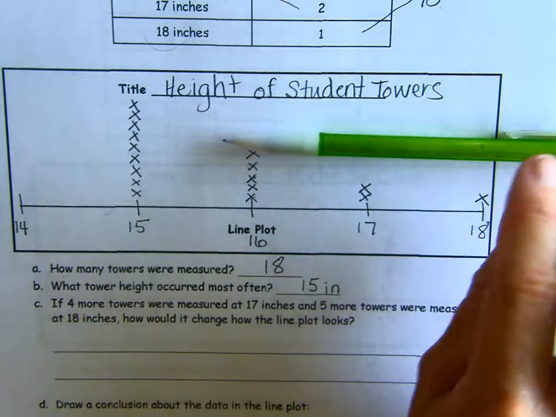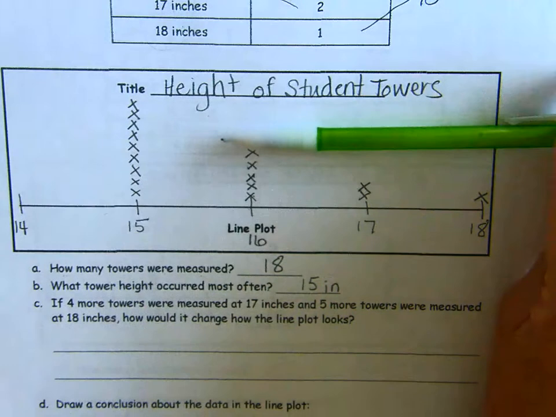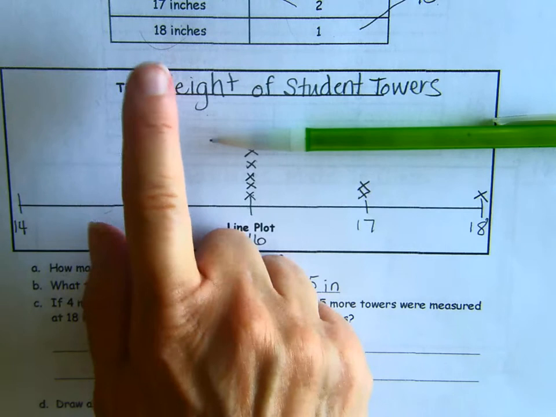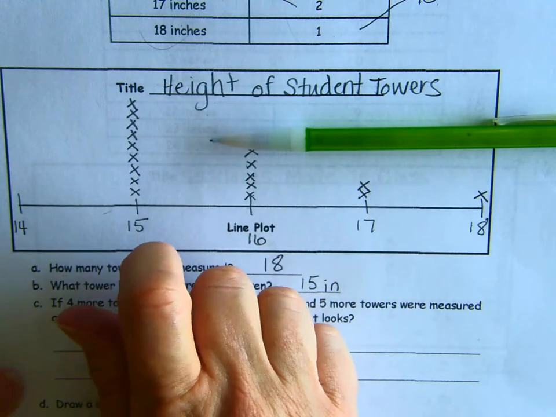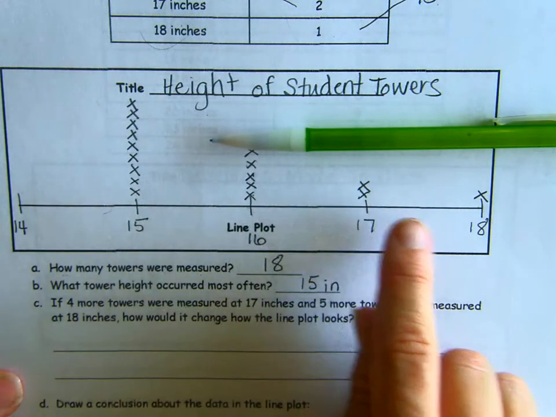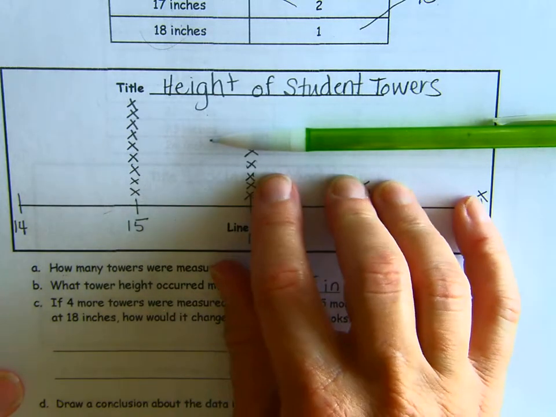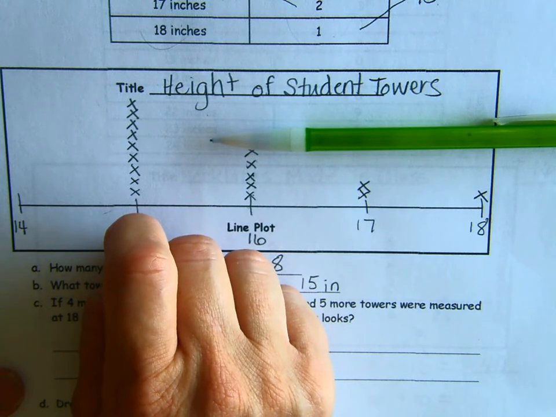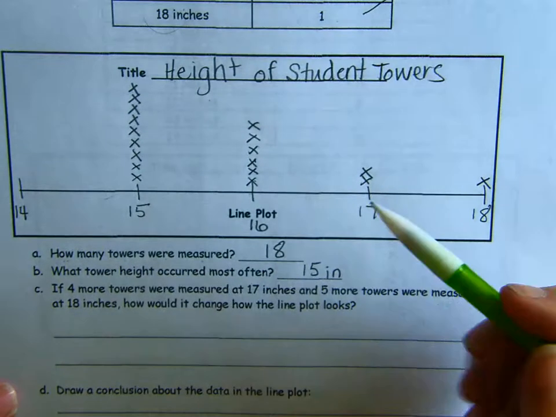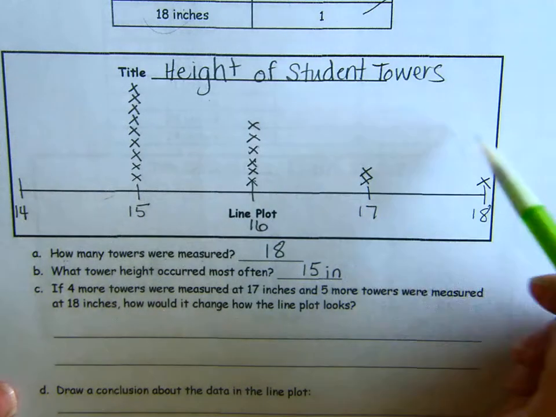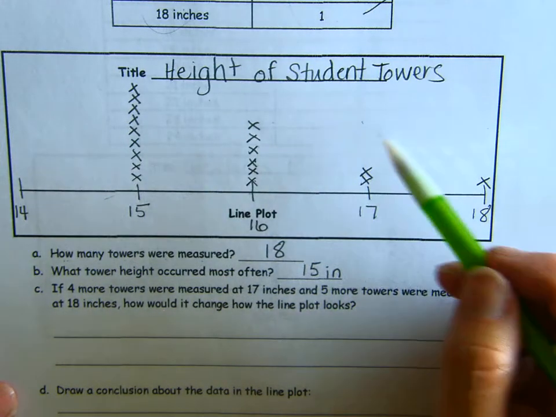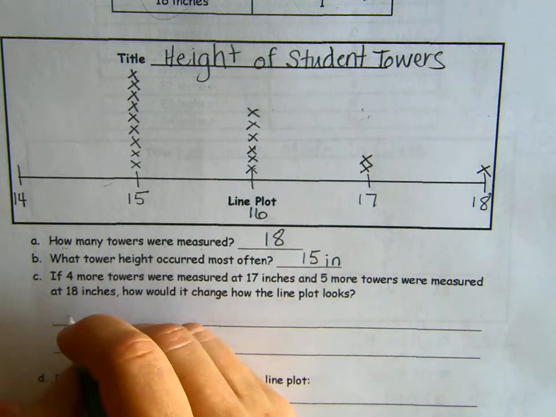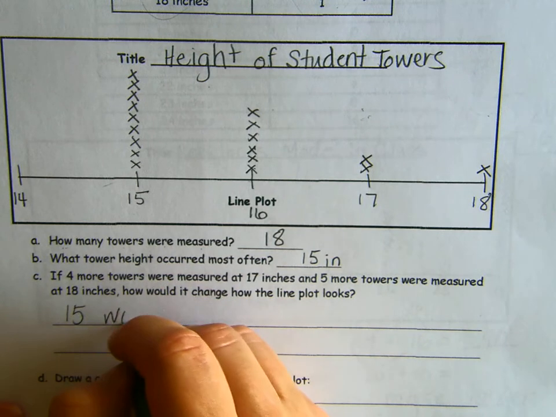How would that change how the line plot looks if these were all 6? Then these 3 would be exactly the same. And even though this was the highest single measurement, that would certainly show us that these 3 had more students than this one, right? So if 17 and 18 both had 6, 6, 6, how would that change how the line plot looks? 15 would still be the most.